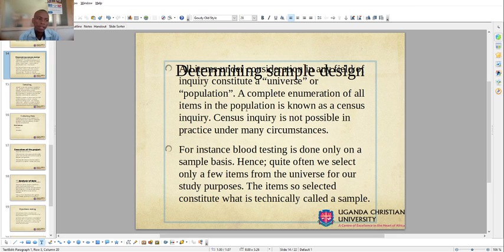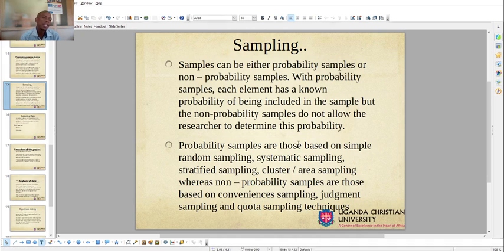We'll see that there are 2 broader sampling techniques: probability sampling techniques and non-probability sampling techniques. The probability sampling techniques are those which give every element a chance to be selected.